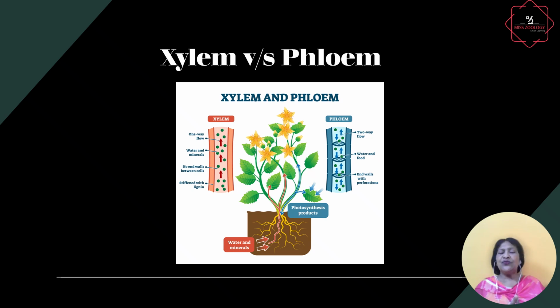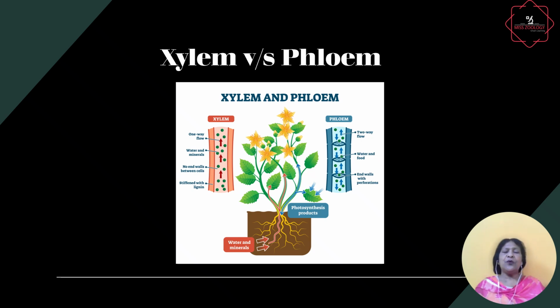But phloem distributes the materials in both directions, that is from the leaves to the lower parts of the plant, and also from the lower parts of the plant to the higher parts of the plant body.